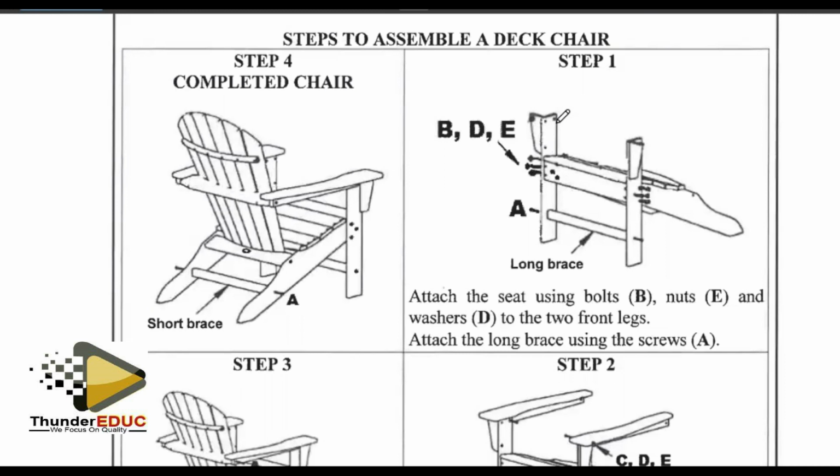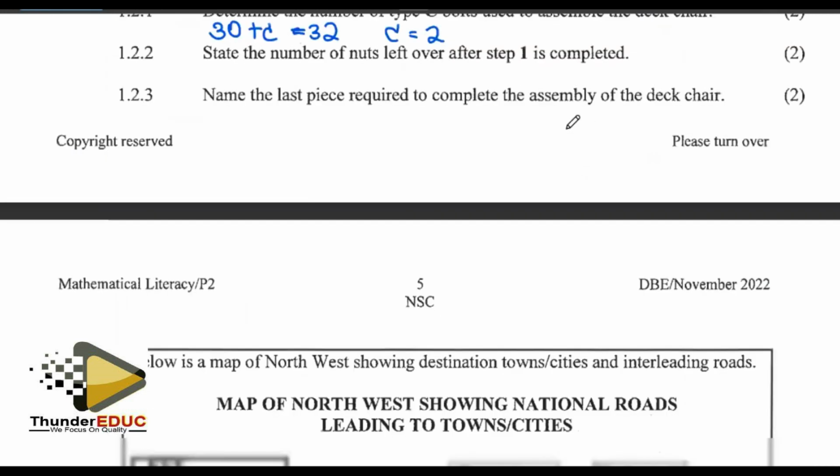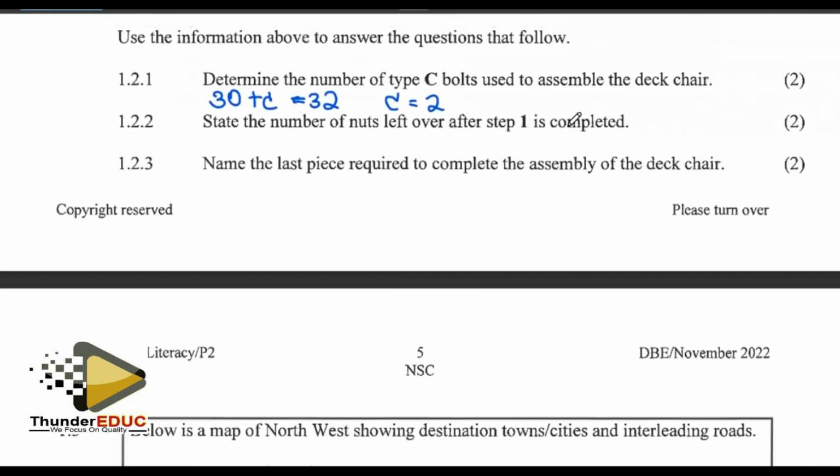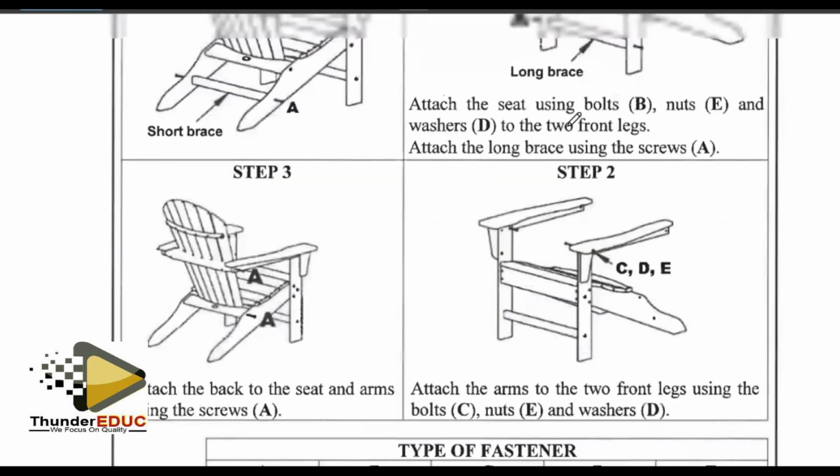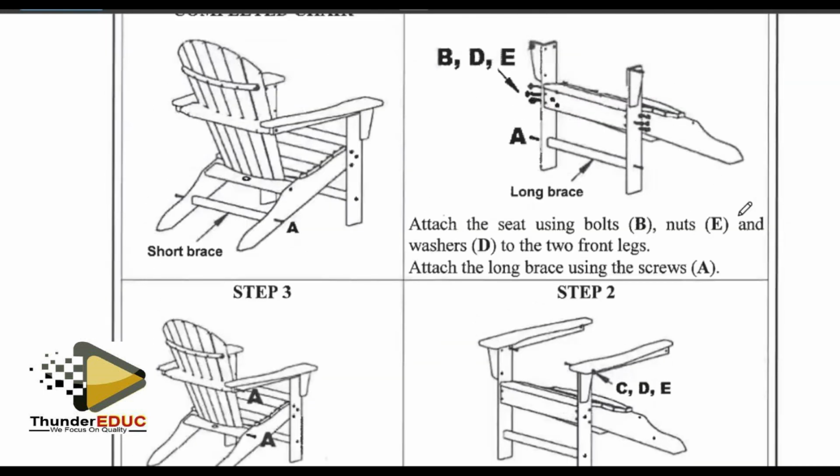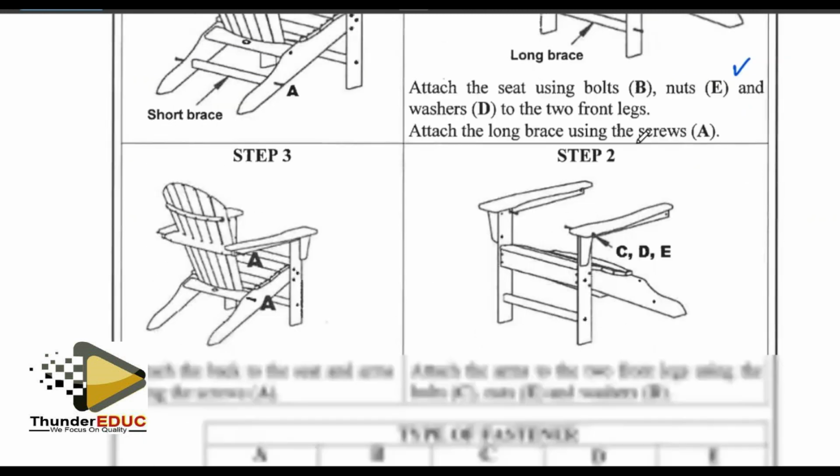And the A. But the question asks us, state the number of nuts left after step 1. How many nuts does it need? You understand? We have the type E nuts, but how many of them?